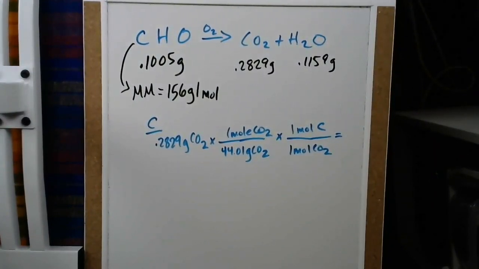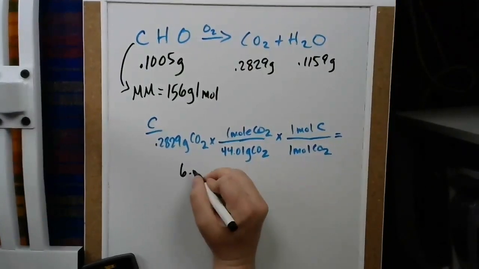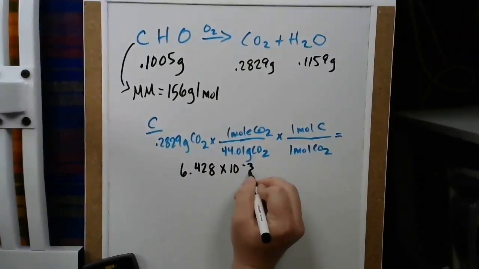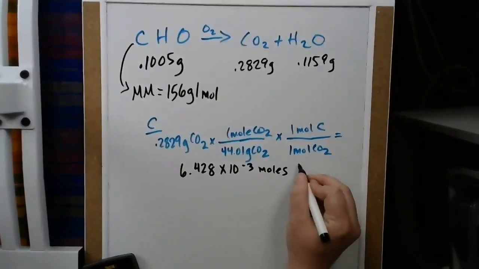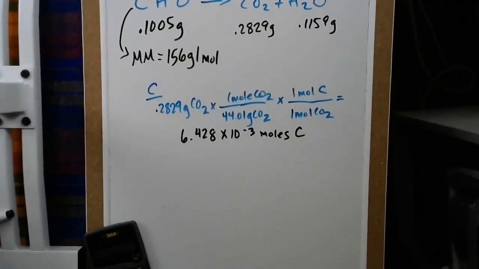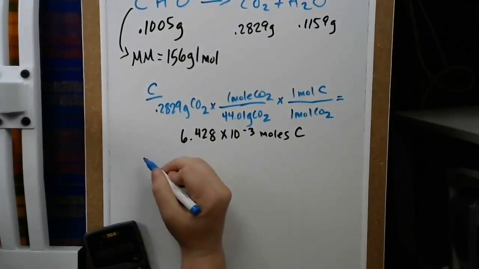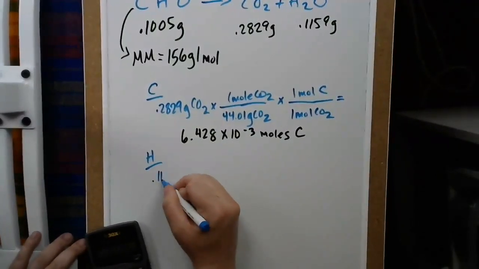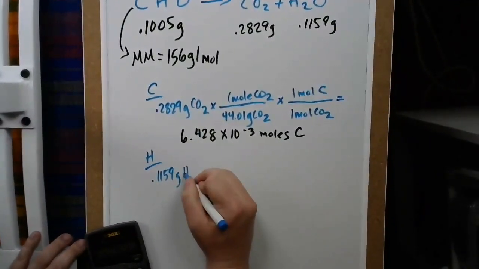Just doing some calculator stuff now. So I get 6.428 times 10 to the negative 3 moles of carbon. All right. On to hydrogen, because I can do the same process for hydrogen. I've got 0.1159 grams of H2O.